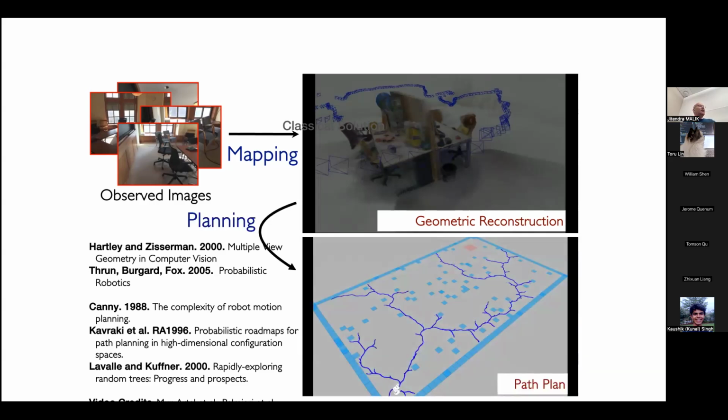Once you've done 3D reconstruction, then you solve a different problem, called the path planning problem, which is essentially a purely computational geometry exercise. The environment is known, the obstacles are known, and you have to find a connected path between a start and a goal.